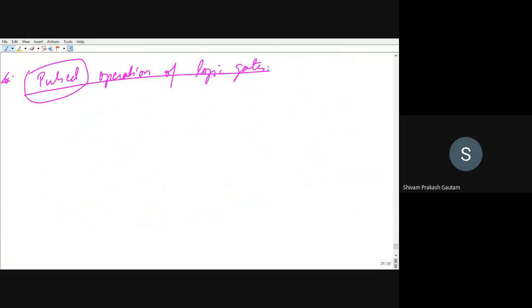So suppose you have to draw, this is the logic symbol for AND gate, right? Now, this is how a pulse looks like. This level can be 0, this level can be 1, can be +5, or can be +15 as well. Just for a reference, 0 means low, and 1 or +5 means high. So this is how a pulse looks like.